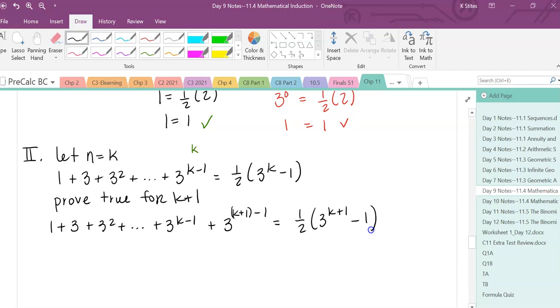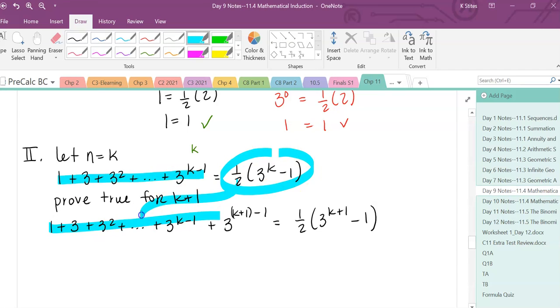Okay, and now we say, oh, well, all of this was just that, so we're going to replace it. Substitute. And this becomes k plus 1 minus 1 is just 3 to the k. All right. Oh, I guess I should write all this down over here.